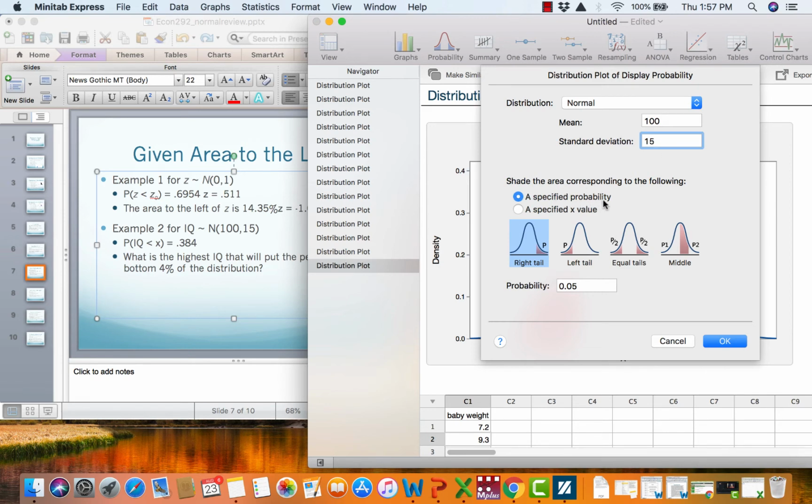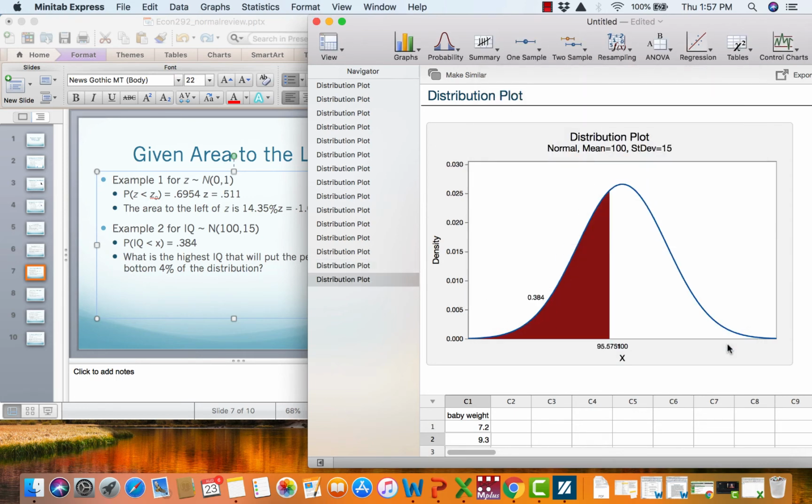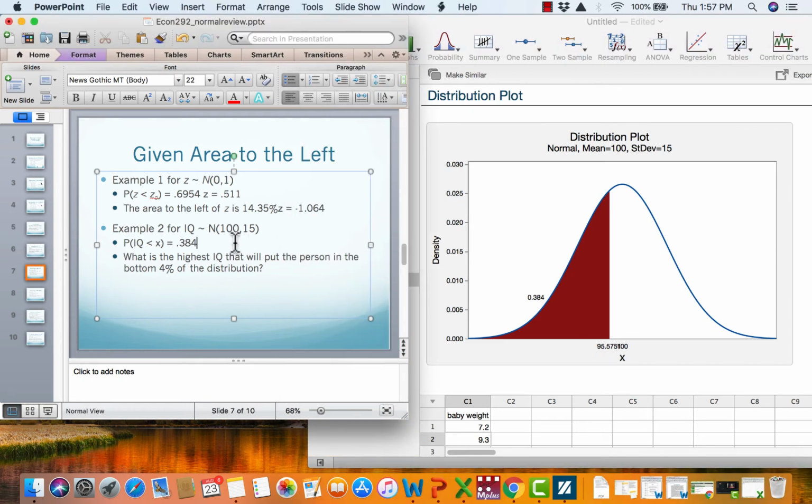We are given the probability, all right, it is to the left, and that probability is 0.384. We say OK. All right, and it gets a little blurry in there, but what we see is that IQ, and I'll call it IQ, is 95.575.